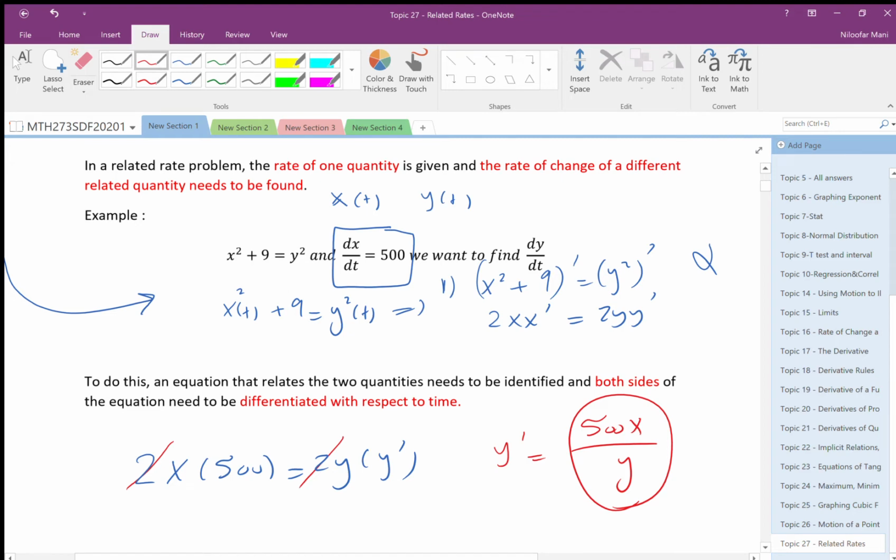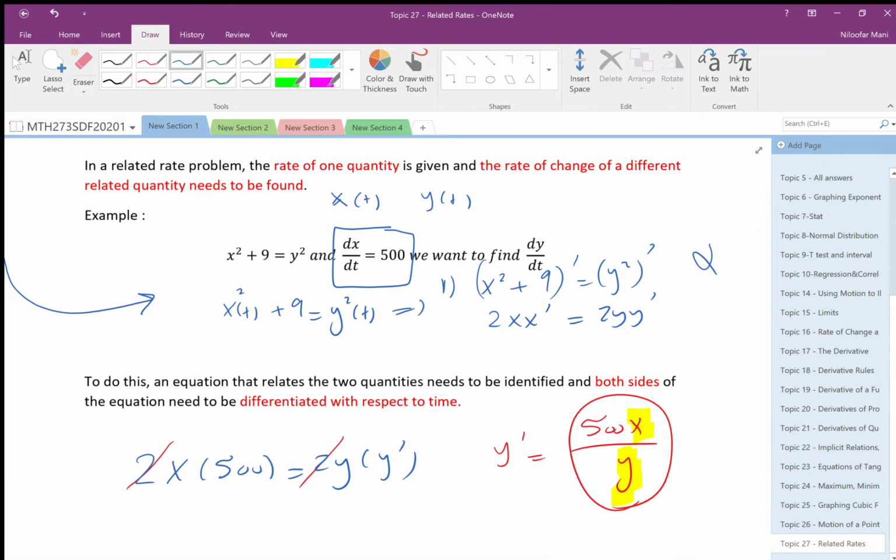But you want to know what x and y are at that time. So for example, if I say the x prime, or rate of x with respect to time, is changing this, and what is y prime when x is this, when y is that, meaning at that time. Okay, see here, in order to find y prime, I need to know this. I need to have these two. So I need more information.